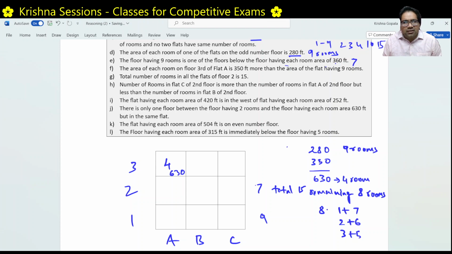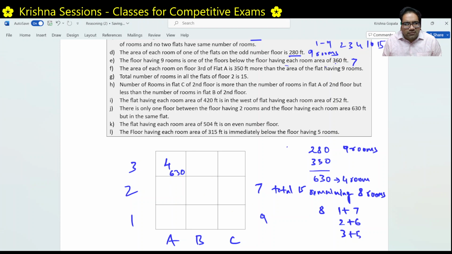If we have to take this 8, you have to split into 1 plus 7 cases. So one flat having 1 room, another flat having 7 rooms. That is not possible because in second floor there is already one flat which is having seven rooms. The remaining two have to be either 2 plus 6 or 3 plus 5. Because 1 plus 7 would contradict the condition that no two flats can have the same number of rooms in the entire 9 rooms.